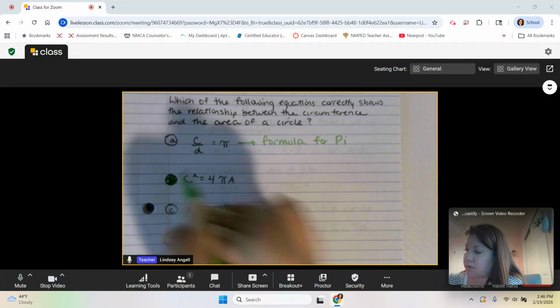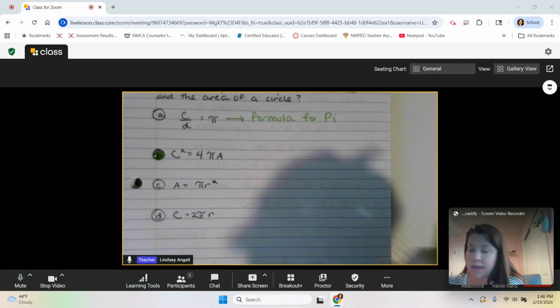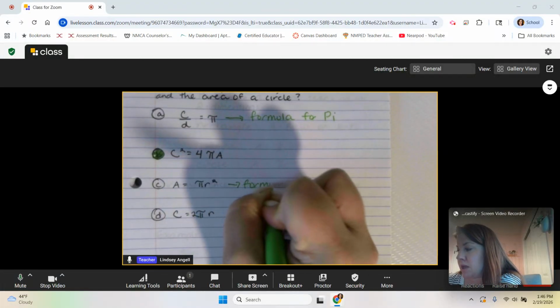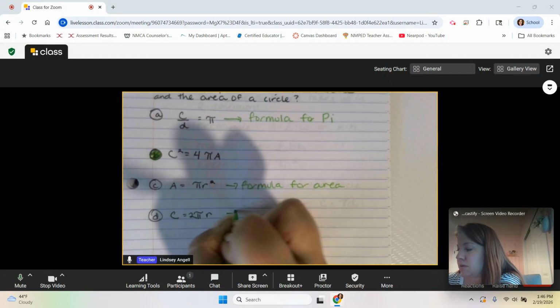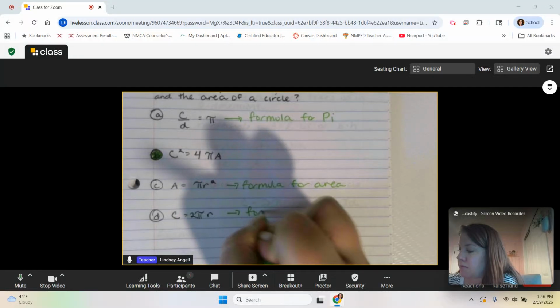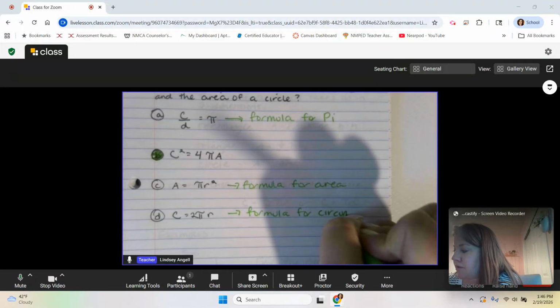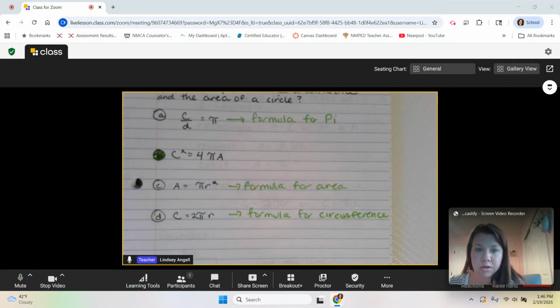But let's look at the other ones. This one is the area formula. This one is the formula for circumference, which, remember, is just a fancy word for the perimeter of a circle.